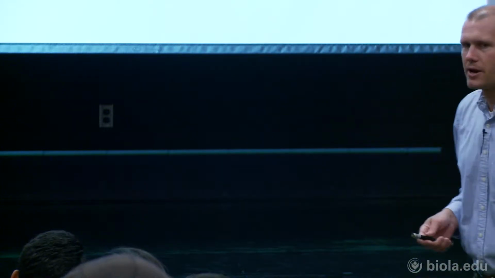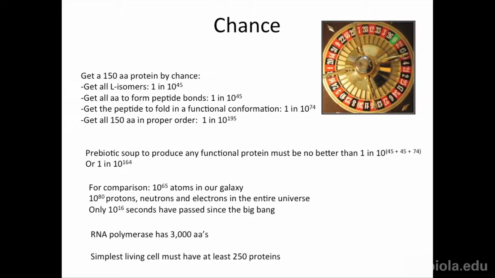To give you a comparison of this, to total it all up: in the prebiotic soup, just before life was formed, to get a functional protein by chance, and we're not even talking about the proper order, just any protein in a functional shape, regardless of the actual sequence, is 10 to the 164 power.